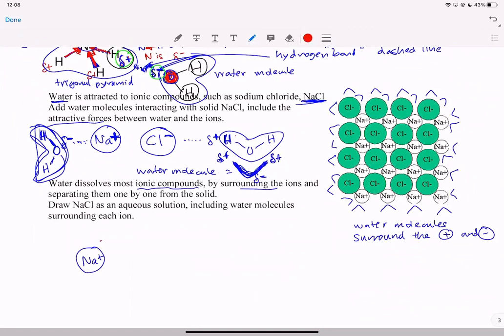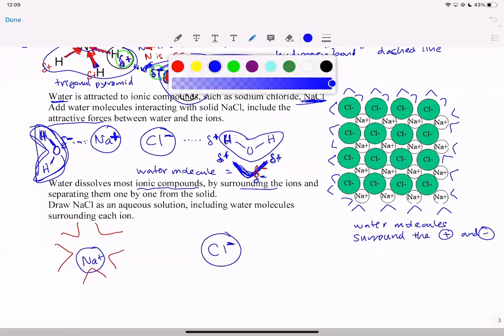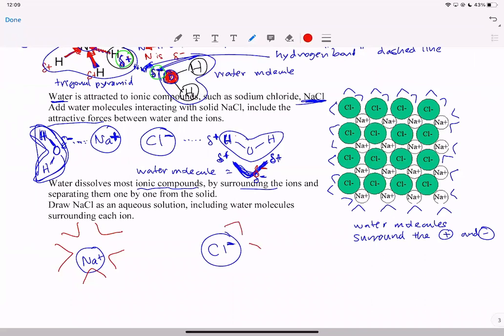I'll draw those in red. Oops, no, the alignment is going to be with the pointed end of the water molecule. That's the negative end. And then a chlorine ion will also be surrounded by water molecules, but the alignment of those water molecules around the chlorine is different. It's the open end. And so why is it the open end?